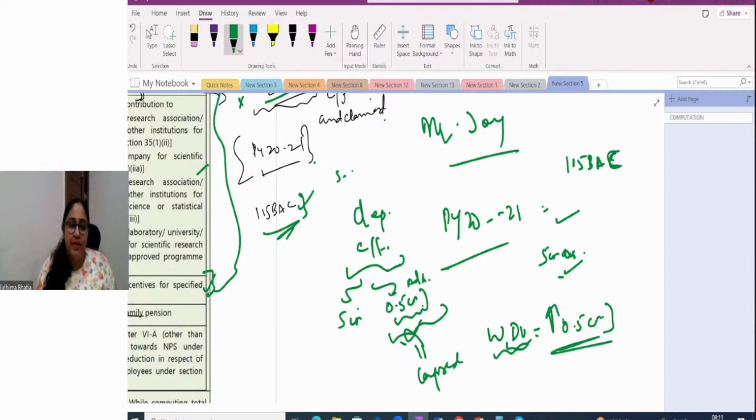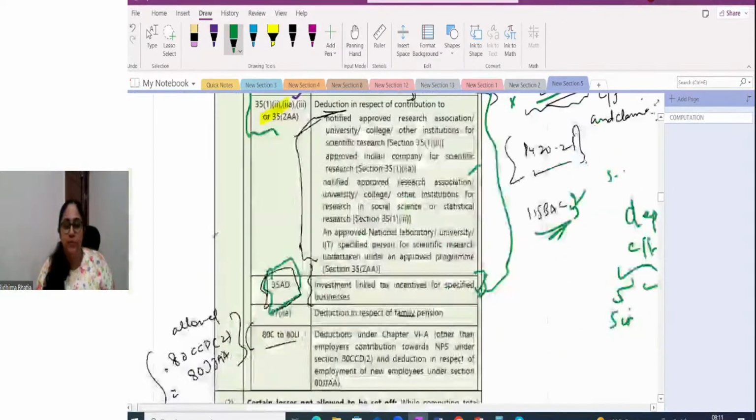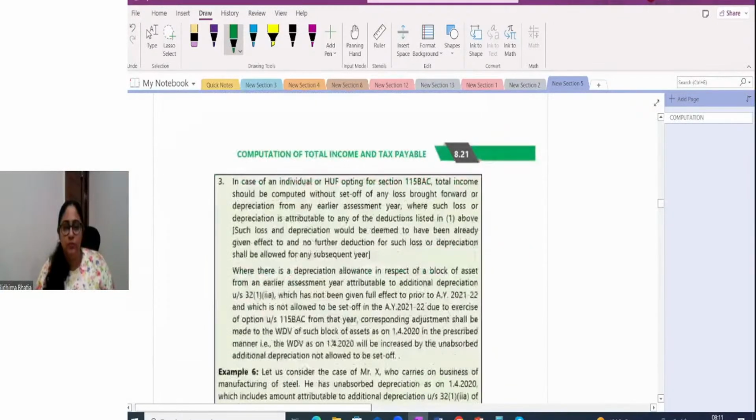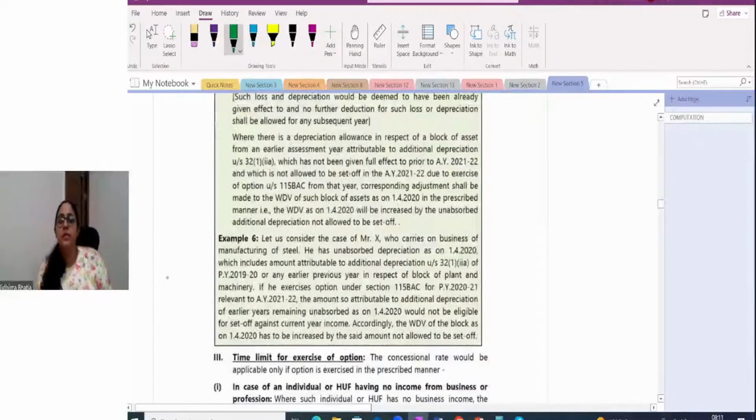So now if I read this, I can relate. Let us consider the case of Mr. X, who carries a business of manufacturing of steel. He has unabsorbed depreciation as on 1st April 2020, which includes amount attributable to additional depreciation under section 32(1)(ii)(a) of previous year 1920 or any earlier previous year in respect of block of plant and machinery.